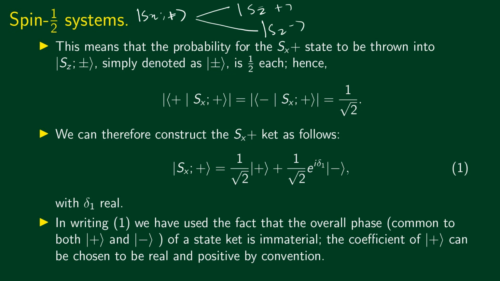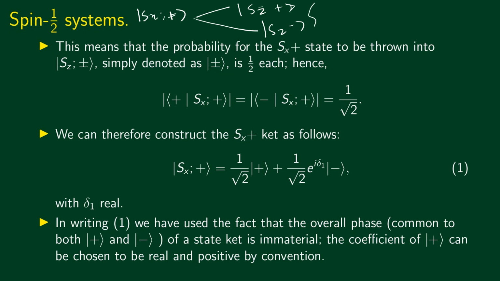This is the reason, according to the theory, that we get plus h bar by 2 half of the times, and the other half of the times we get minus h bar by 2. So according to theory, this means that ket Sx plus, or the state characterized by Sx plus, has components along both Sz plus as well as Sz minus directions.